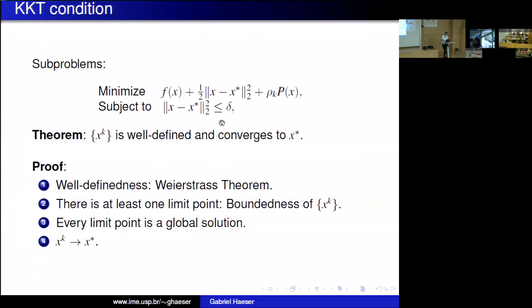So in particular, we have boundedness of this sequence. All the sequence xk must belong to this ball around X star, so it's a bounded sequence. So you know that there is at least one limit point. This is the Bolzano-Weierstrass theorem: every bounded sequence has a convergent subsequence.